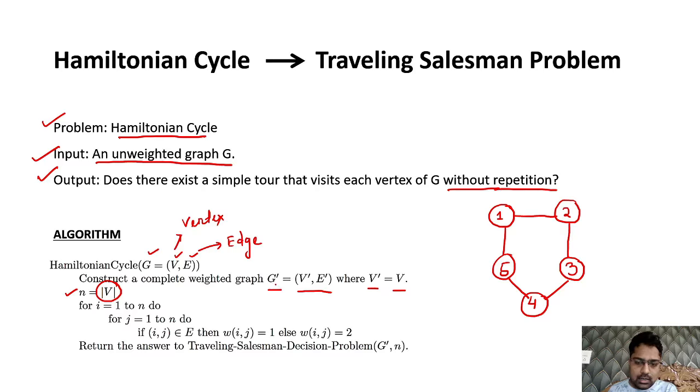Whenever we are writing this, we are actually moving from this graph to another graph. So what exactly are we writing? This is our G, and this is our G dash.